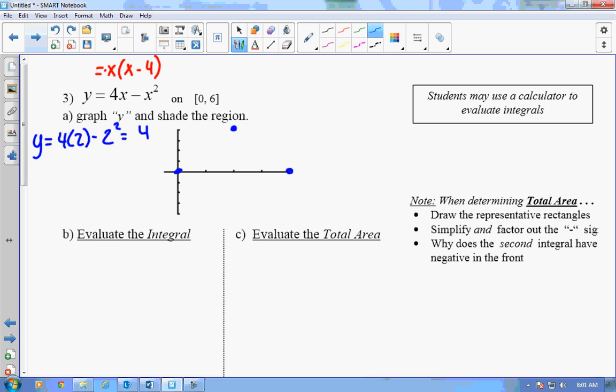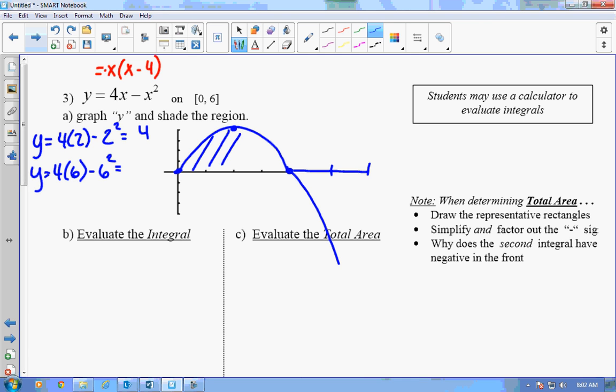And looks like my graph only goes to 4, but our bounds go to 6, so I need to extend that a little bit. And then we need to plug in 6. 4 times 6 minus 6 squared. 24 minus 36 is negative 12. So way, way, way down there.